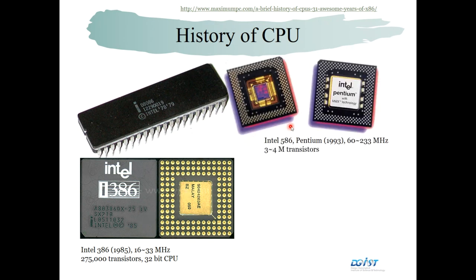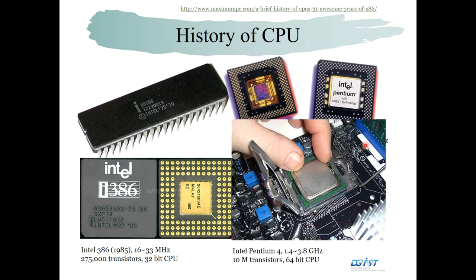And after 10 more years, the number of transistors increased to 3 to 4 million transistors for a single chip, and the clock speed is now over 100 megahertz. And for the Intel Pentium 4, the operating speed is now over the gigahertz range, and it has more than 10 million transistors, and this is a 64-bit CPU.